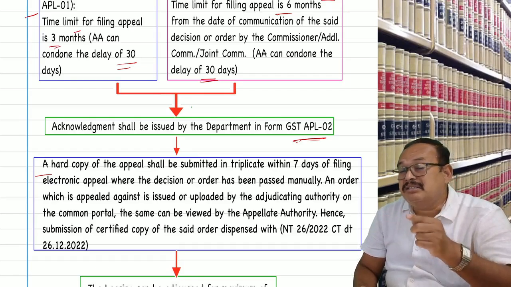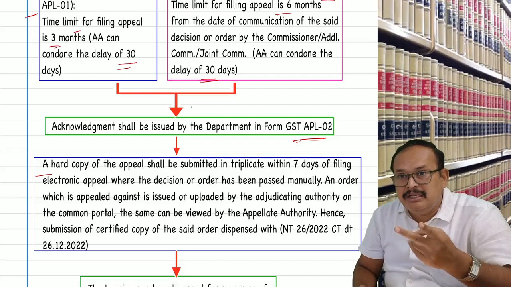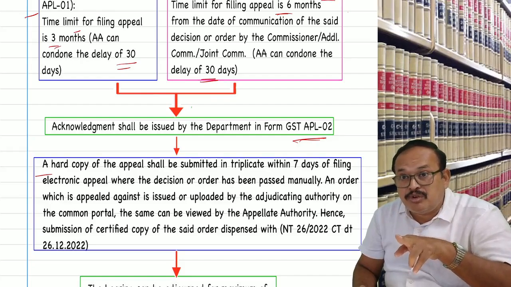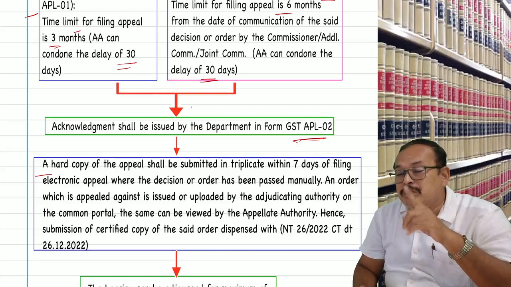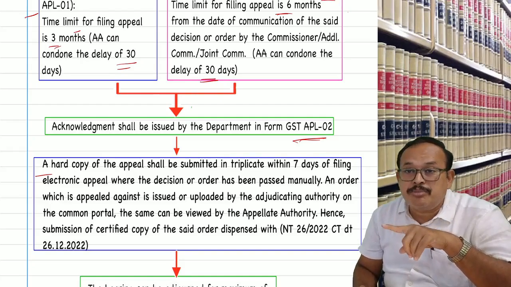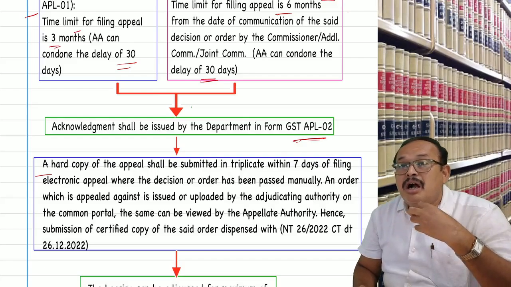If the order in original was passed by the proper officer manually, not through the system software, only then is a hard copy required in the office of the Joint Commissioner Appeals or Commissioner Appeals, that is, in the office of the appellate authority.